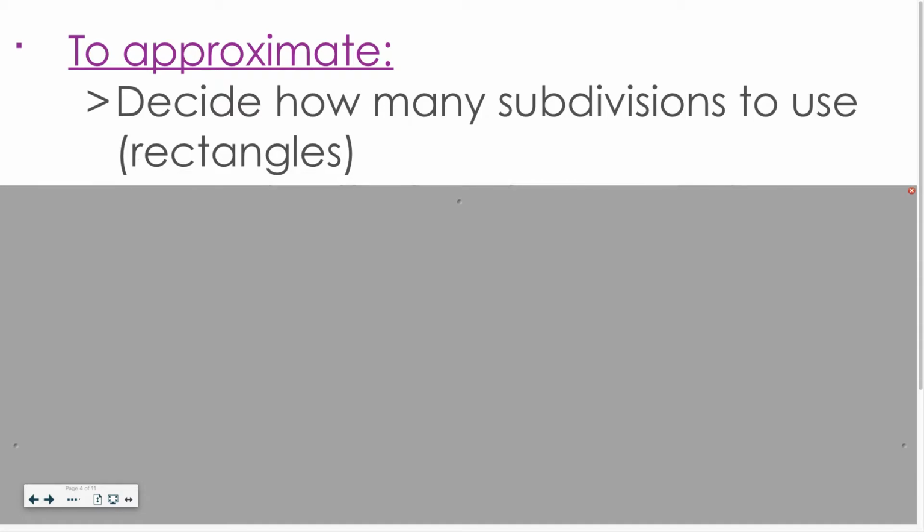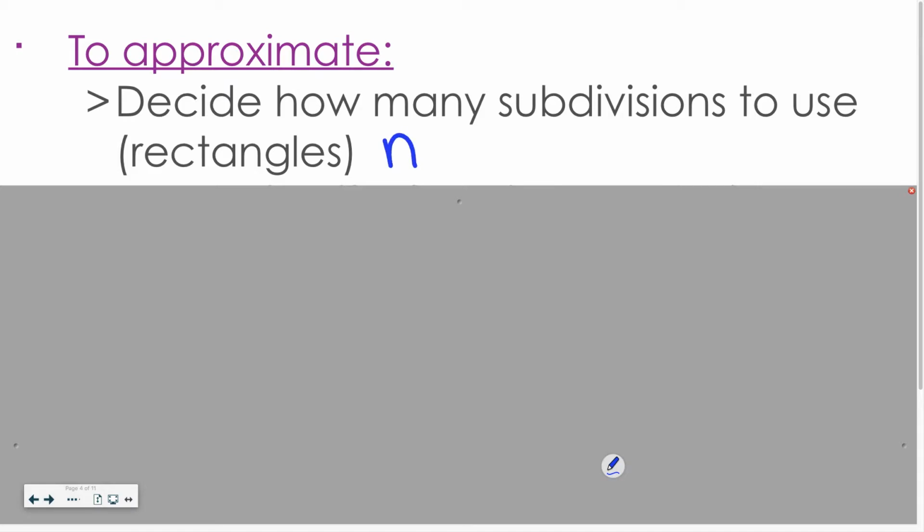Sorry, I don't want this to be overwhelming. All right, we are going to decide how many rectangles we need. So you're going to see the word subdivisions. Divide up your chunk of curve into so many rectangles. Oftentimes you're going to be told what that is. Okay, I'll say this many rectangles, or n is 4.